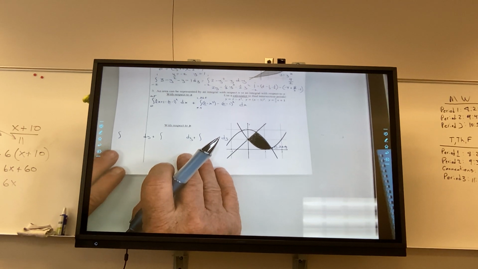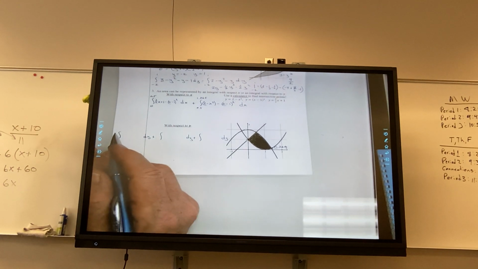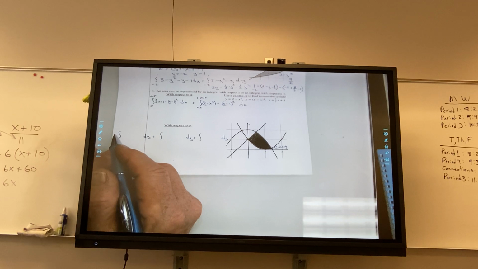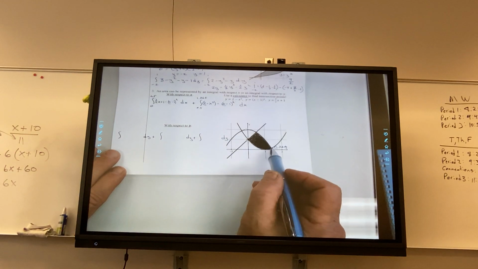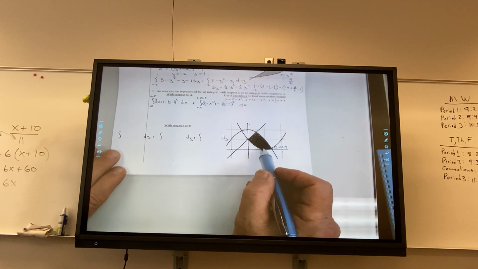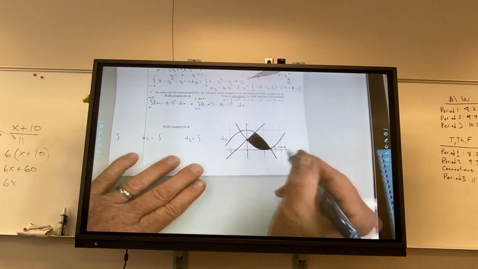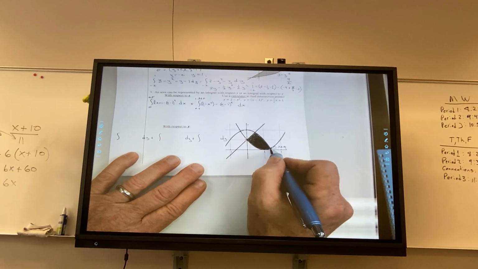Second group. Audrey, did you get the first one? So you're going this way, correct? Okay, so it's gonna start here.